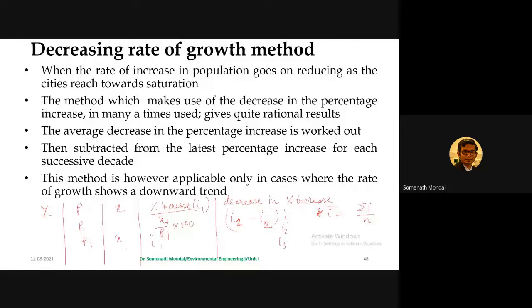Our P0 is the last population based on the census data, and our I is basically the last I which we should be considering.